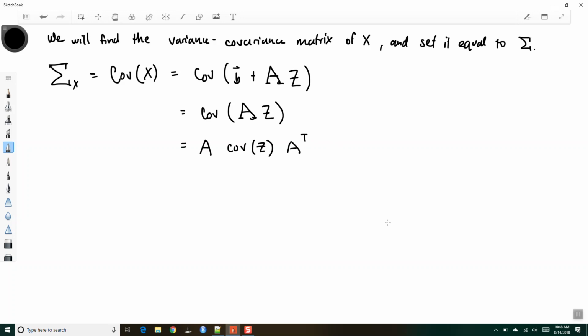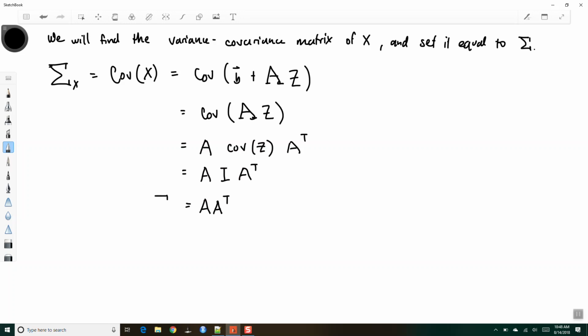So it's a little bit different, but when you pull a constant out of the covariance of a multi-dimensional thing, it gets pulled out like that. Okay, the covariance of Z is the identity matrix, so we get that, and this just becomes AA transpose.